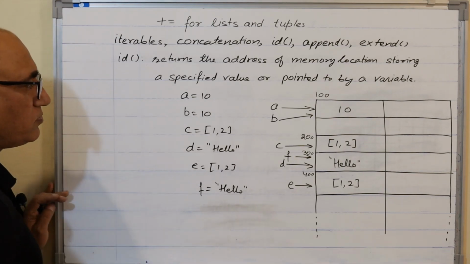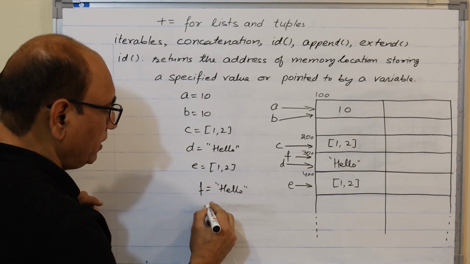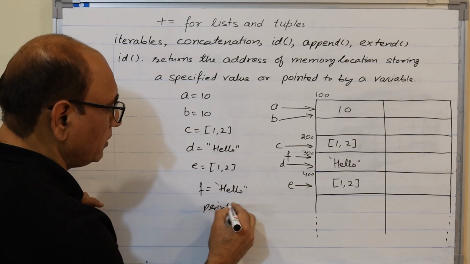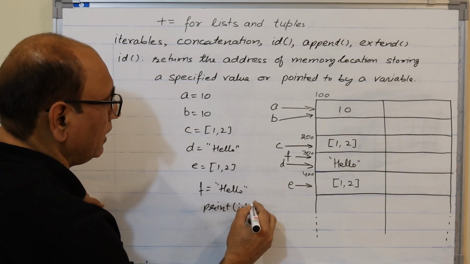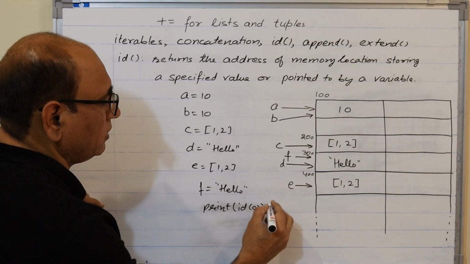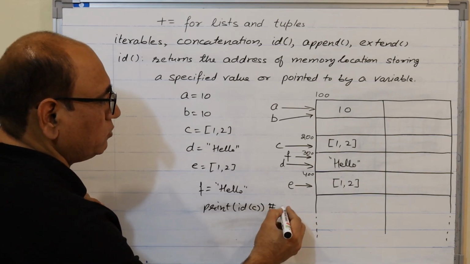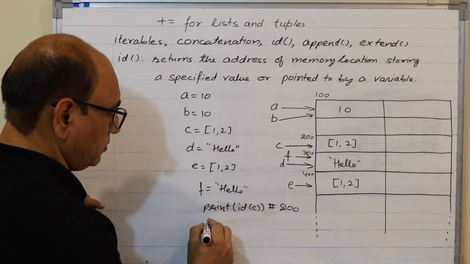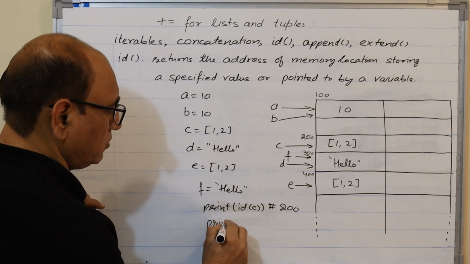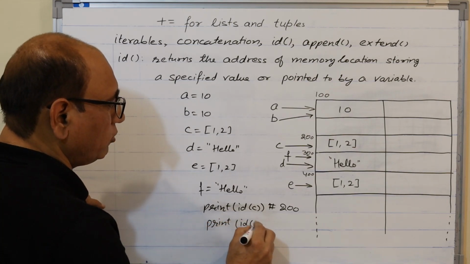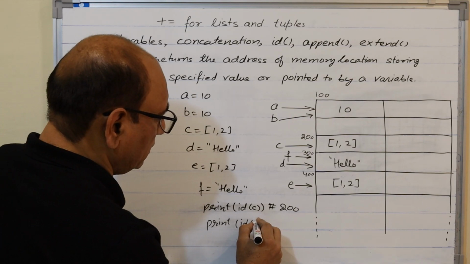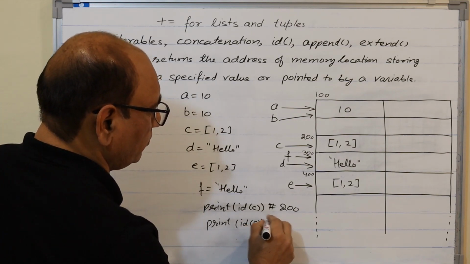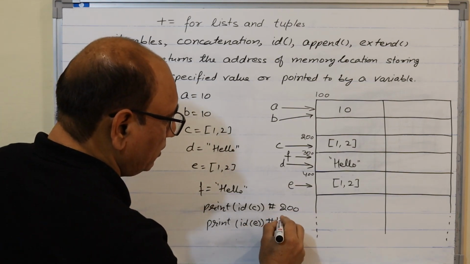Similarly, if I say print id of C, it will display 200. Print id of, let me say, E, this will display 400.